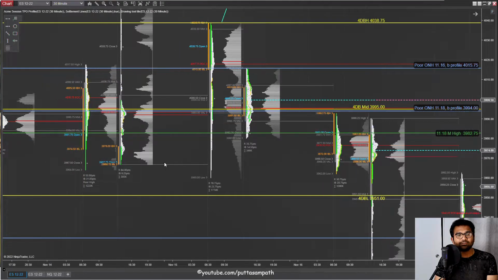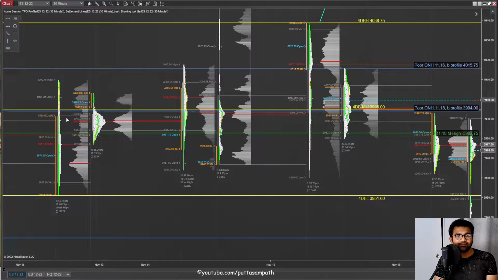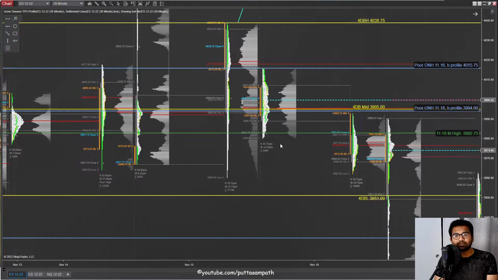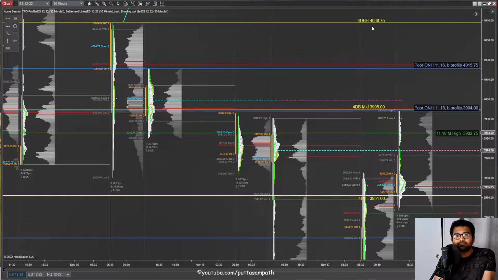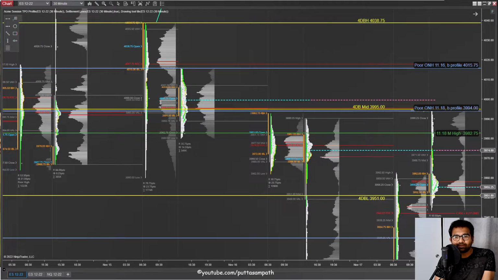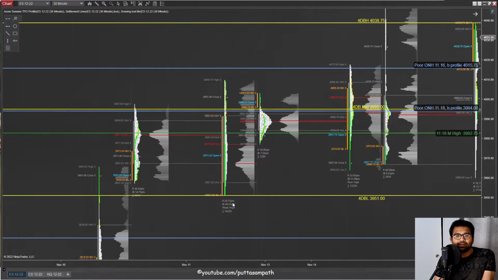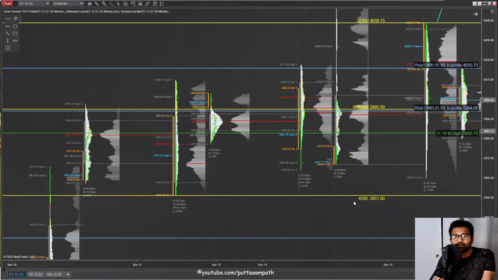And if you consider last Friday's value area, and last Friday and Monday's value area was overlapping, that makes it a total of 4-day balance. And that's why you have seen me mark the high as 4-day balance high and the low of last Friday, here on November 11th, as 4-day balance low.